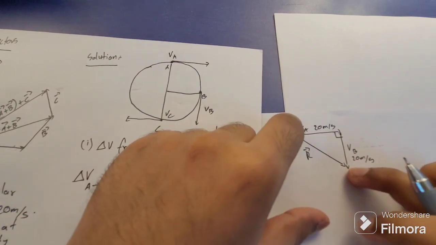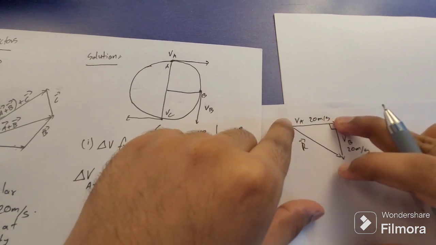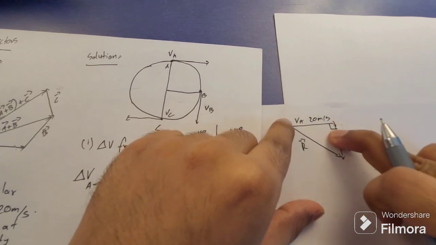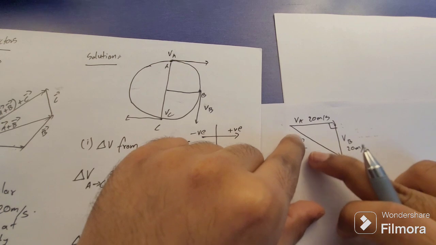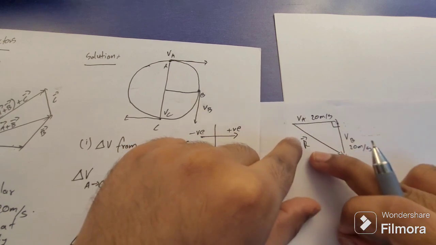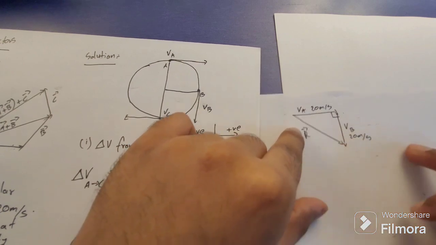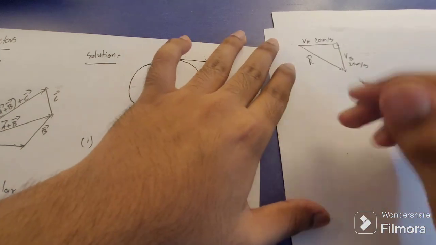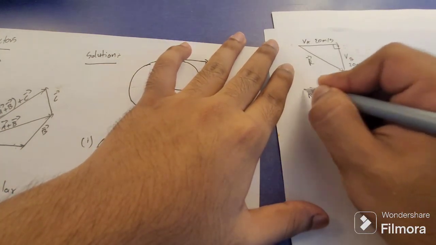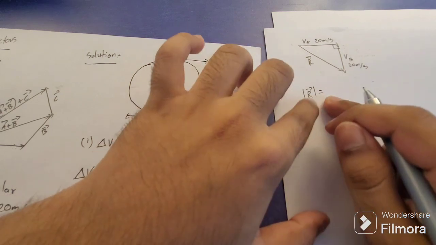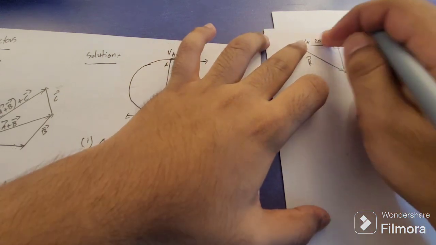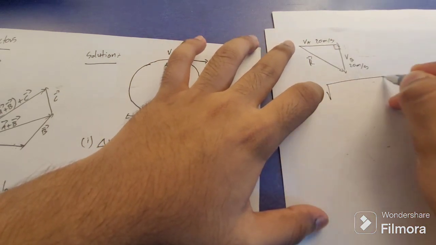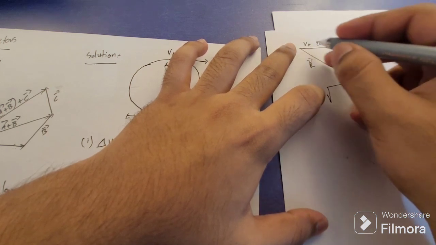Now we end up with a triangle. Two of its sides are 20 meters per second and it is a right angle triangle. So in order to find the magnitude of the resultant, we just simply need to apply the Pythagoras theorem. So if we do that, the magnitude of R vector would be equal to the Pythagoras theorem basically, so under root one side square plus another side square.